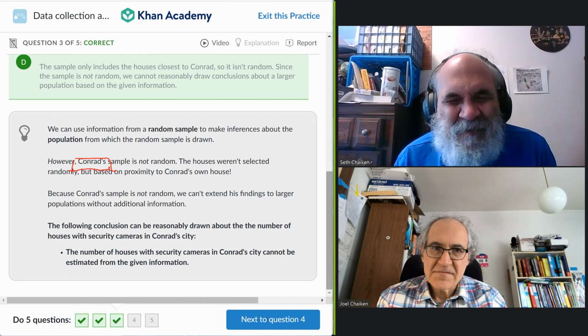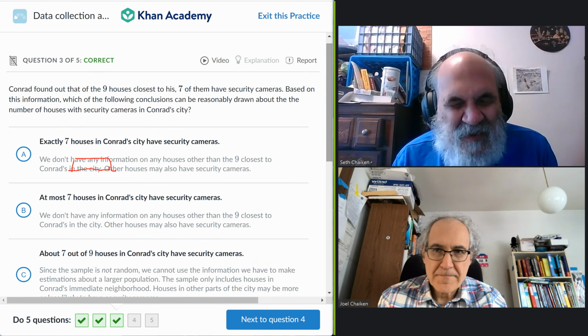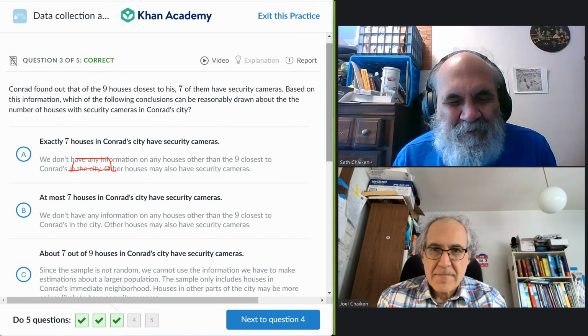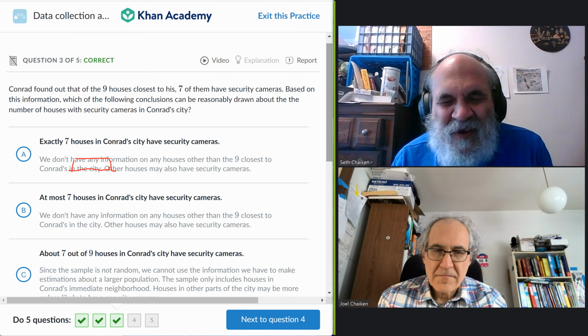In this question, they did not say the sample was random, and they told us the particular way the sample was done, pointing to a particular house of a particular owner, and from that we can reasonably conclude that the sample was not random.